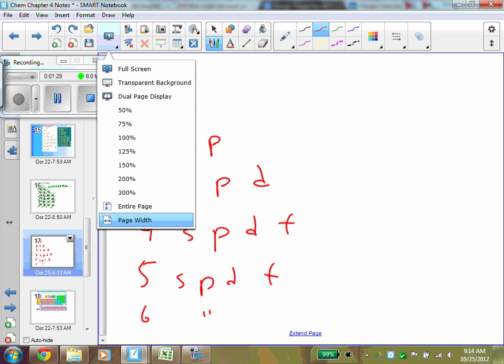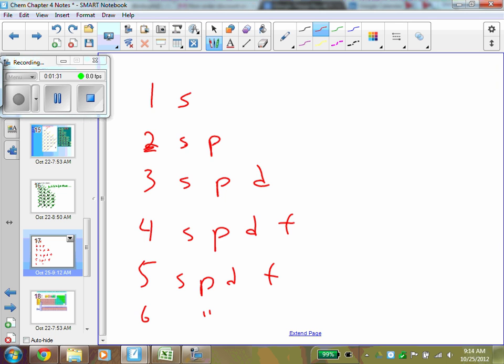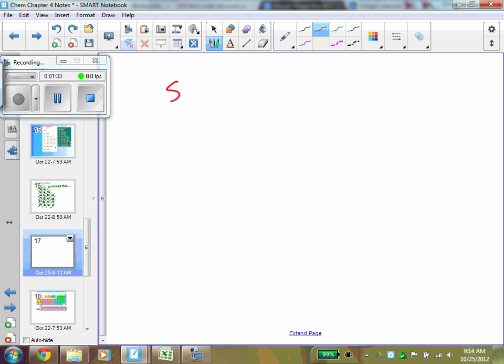Now, each sublevel can hold a certain number of orbitals. S can hold 1 orbital, P can hold 3 orbitals, D can hold 5 orbitals, and F can hold 7 orbitals.